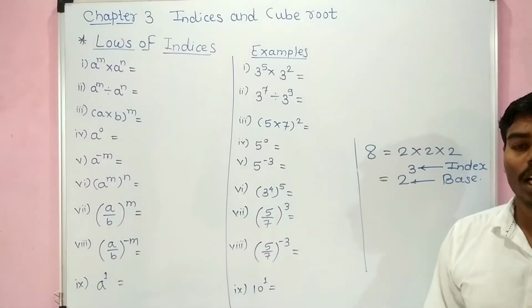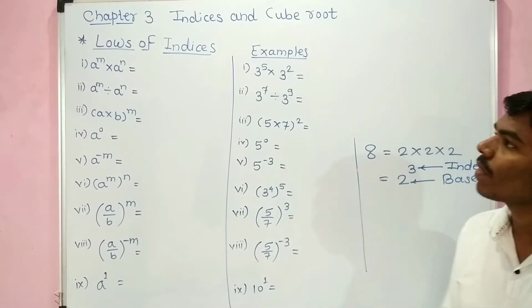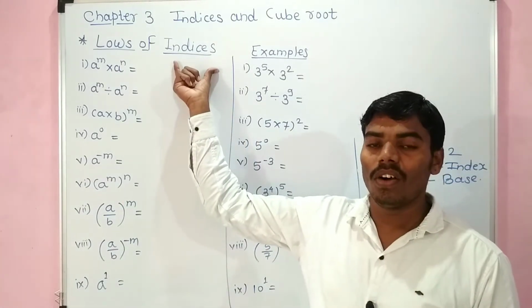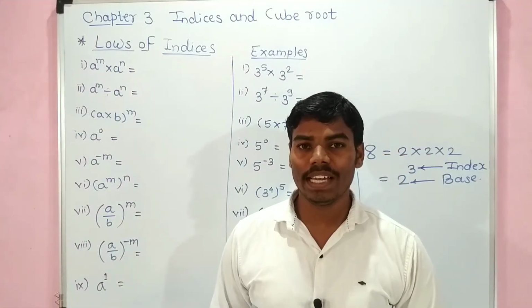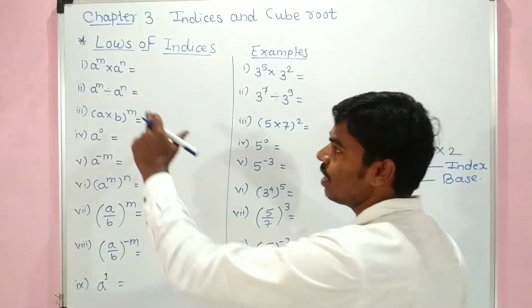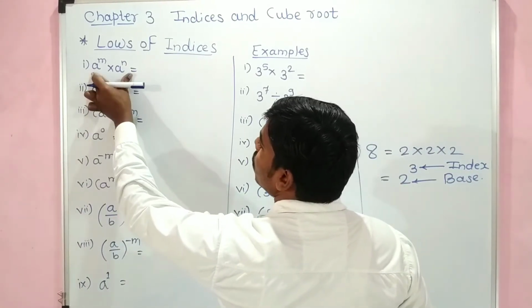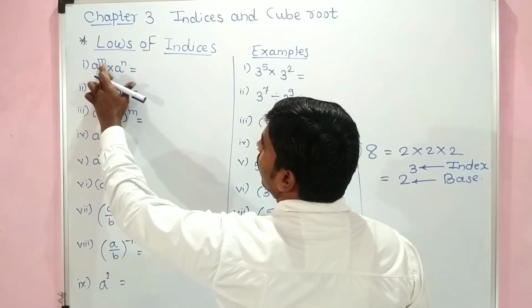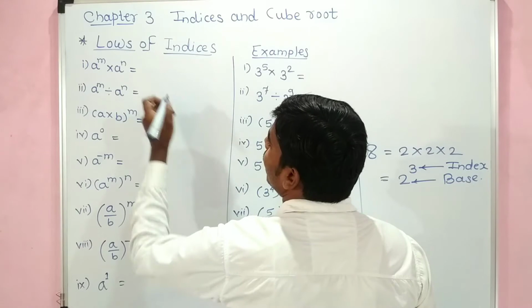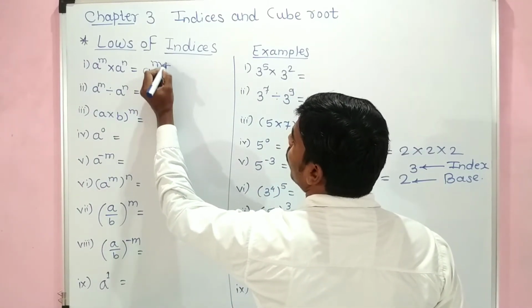If we discuss more than one index, then it is known as indices, or it is the plural form of index. First law of indices, a raised to m into a raised to n. In this rule, bases are equal and indices are m and n. It can be expressed as a raised to m plus n.